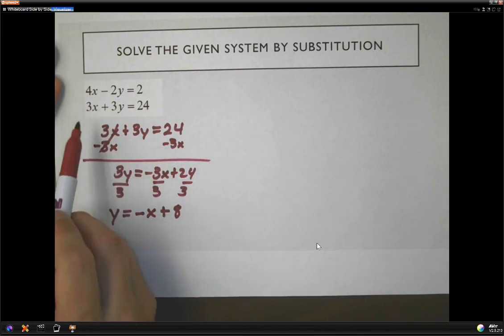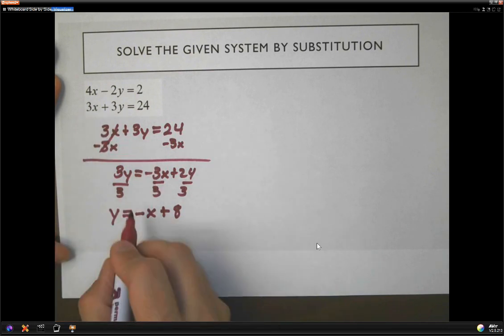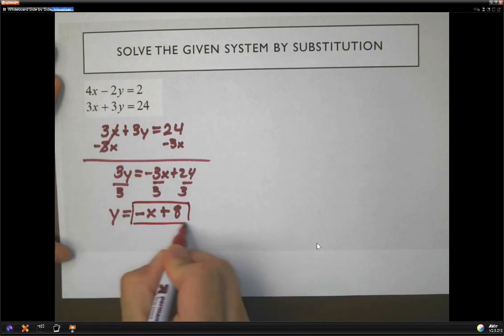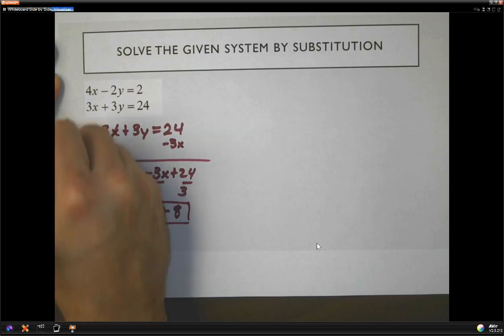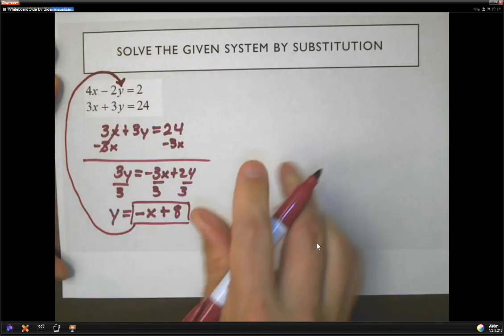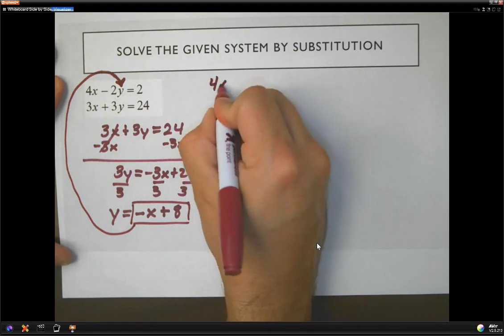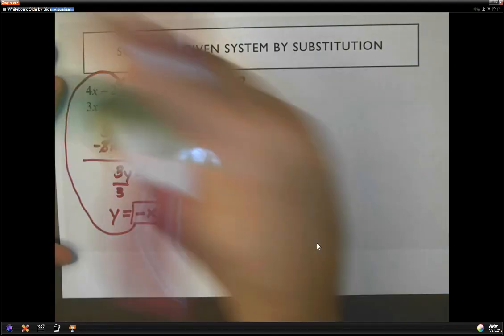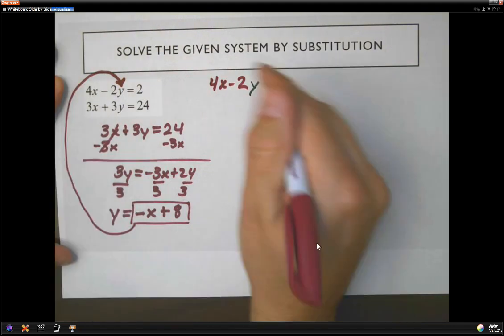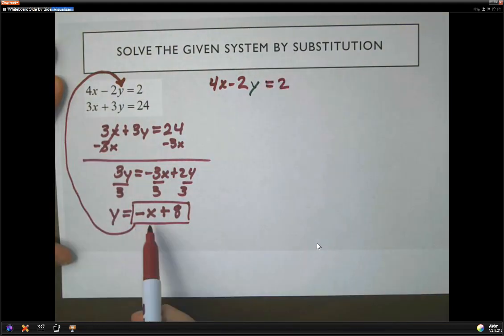Now, because I worked with the second equation, I do need to make sure I plug it in for the y value in the other equation, not the one that I used. So I'm going to take the 4x minus 2y is equal to 2, and plug in what I just got for y.